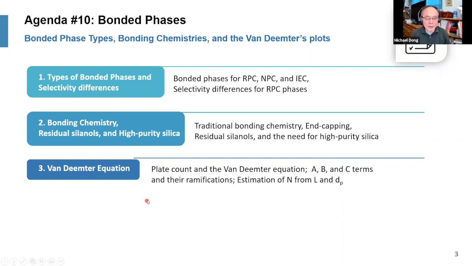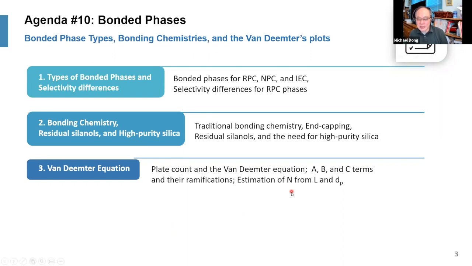And then finally, we talk about the Van Deemter equation, from this chemical engineer from the Netherlands, and how he made a deep impact on chromatographic theory. So I'll explain to you the A term, B term, and the C term, and also the ramifications, right? What does it mean to you? What do the A, B, C terms mean to everybody working in the lab?